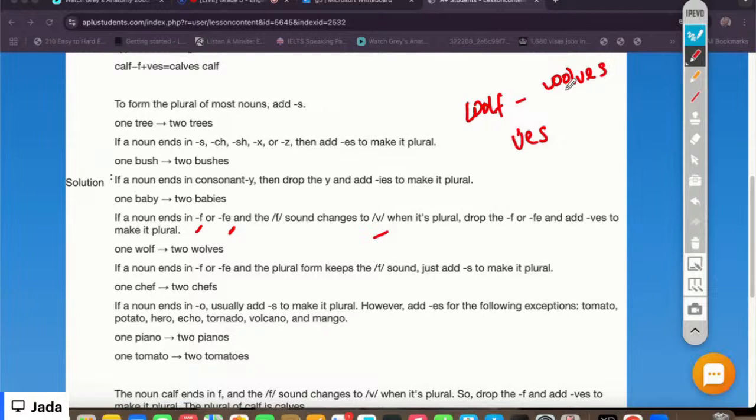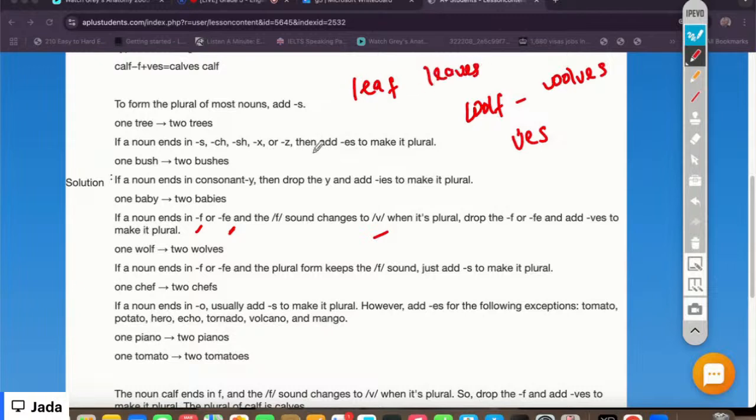Do you know some of those words you can share with me? So for example, we can have leaf, and then in plural it becomes what?